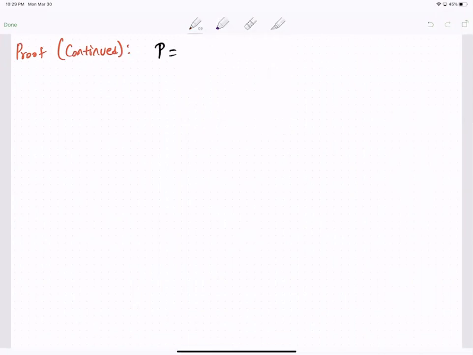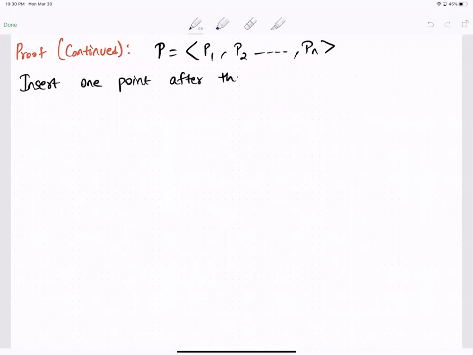Let's consider a sequence of these points, P1, P2, and so on up to Pn. The algorithm is: insert one point after the other into grid G alpha.